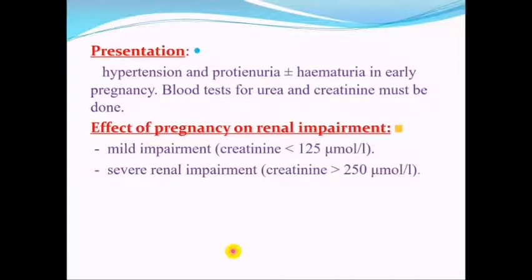Usually the most common presentation of a patient with renal impairment is hypertension with albuminuria, with or without hematuria. This usually presents in early pregnancy, so a blood sample for assessment of renal function at the booking visit is very important.